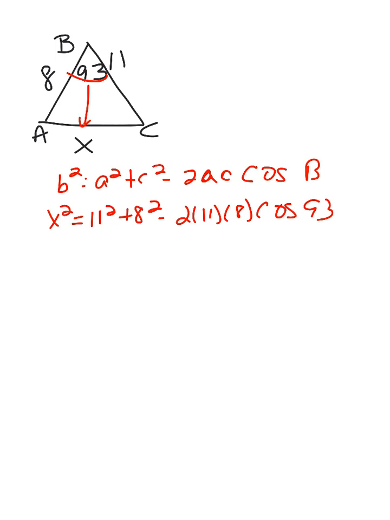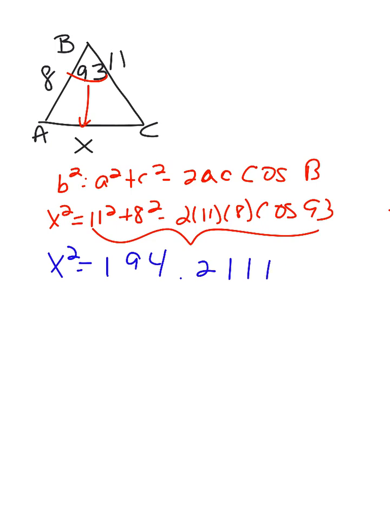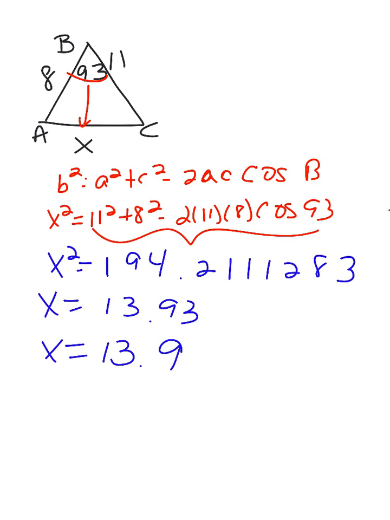This time you can plug the whole thing in at one time because you have everything filled in. So we have x squared is equal to 194.2111283. So you do second square root second answer, get 13.93. To the nearest tenth would be 13.9.